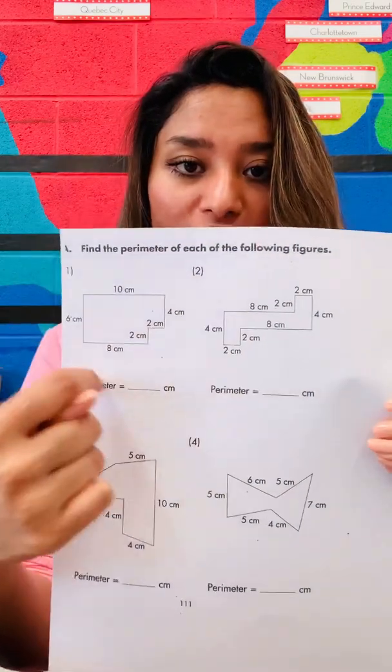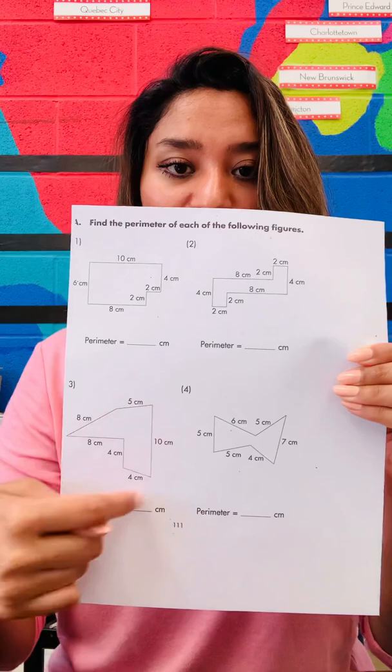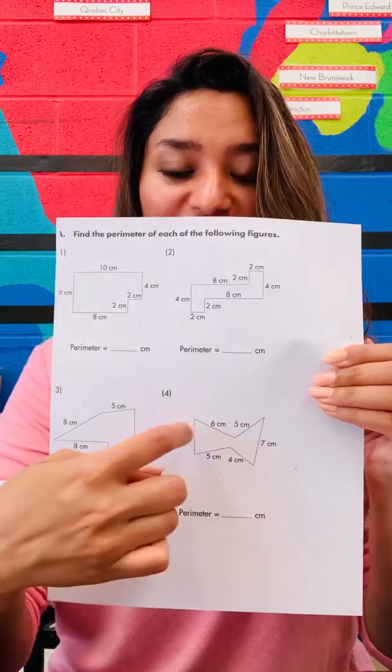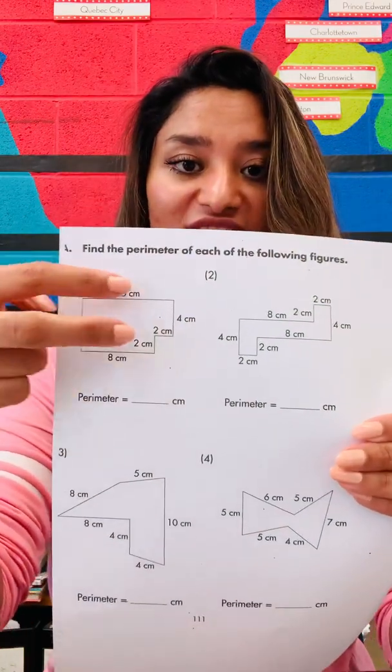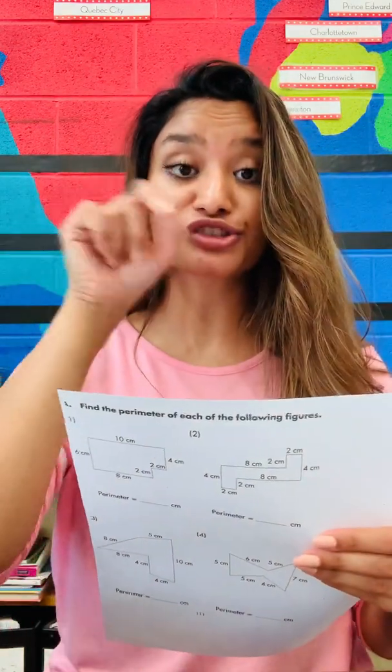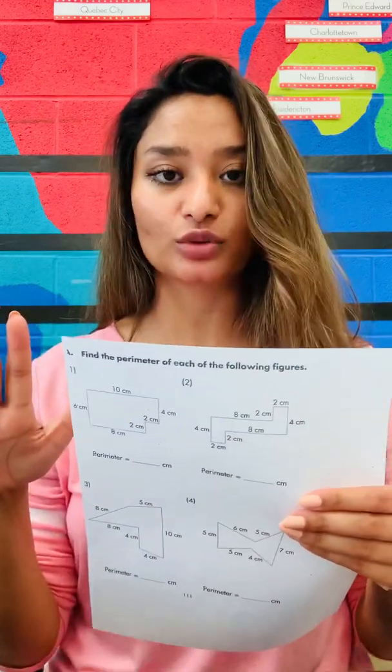So add all of these up, add all of these up, add all of these up, add all of these up. You can stack it, you can use your counters if you have any, you can draw lines to remind you, or you can check it off. For example, if you've added these two numbers, check them off or circle them so you know, oh, I already added this number, I don't need to worry about it.